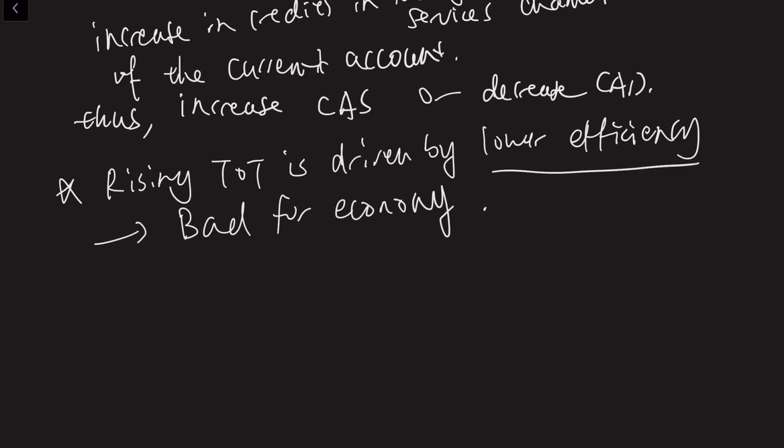So it's not the case that higher terms of trade is positive. We need to know why does terms of trade increased, and if it's increased because of low efficiency of the Australia's workforce, then it is very bad news, because your exports become very uncompetitive in the global market, and this would cause the economy to shrink, and also increase imports, which would decrease the current account surplus.